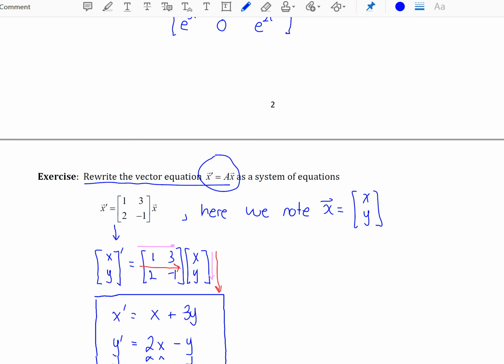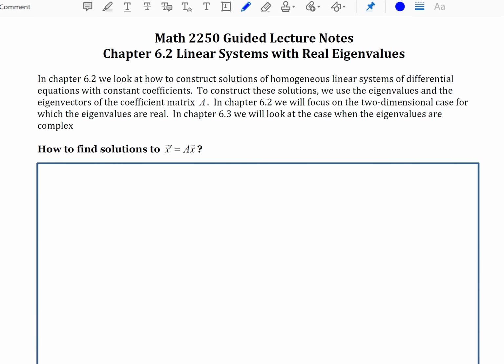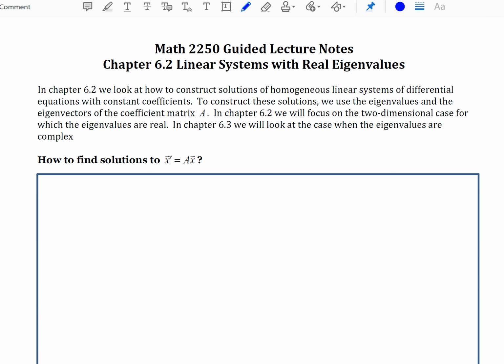In today's video, I would like to start looking at how we actually solve these systems of equations. So, in Chapter 6.2, we look at how to construct solutions of homogeneous linear systems of differential equations with constant coefficients.